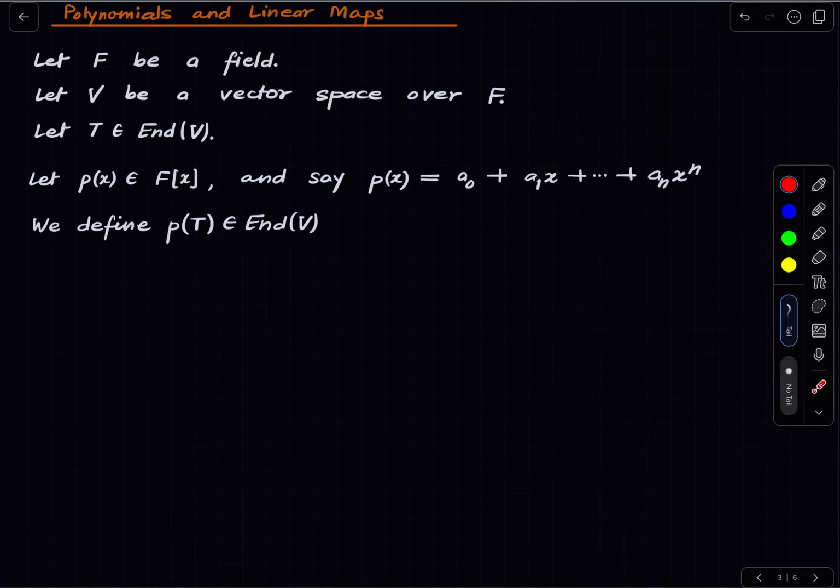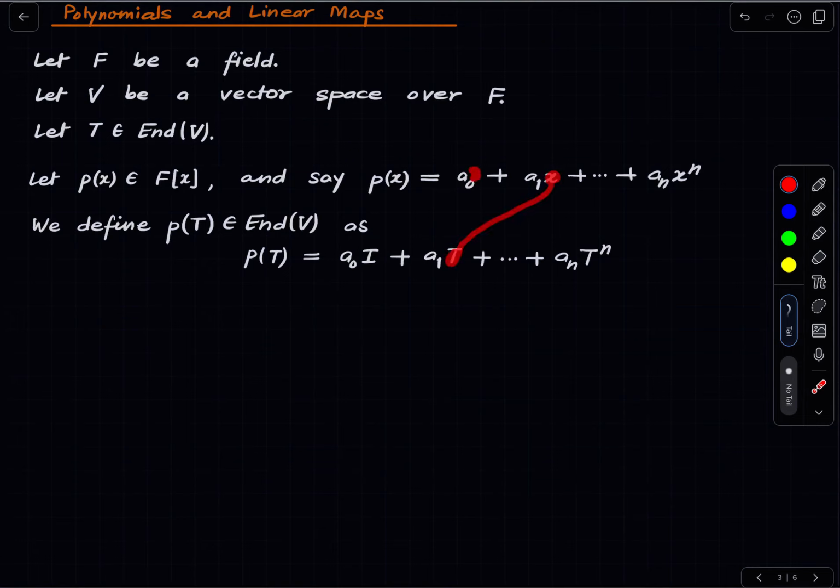So what we are doing is we are given a polynomial. We are creating an endomorphism whose notation is this, as follows. P(t) is that thing. So what is going on? In place of x, write t, that's all.